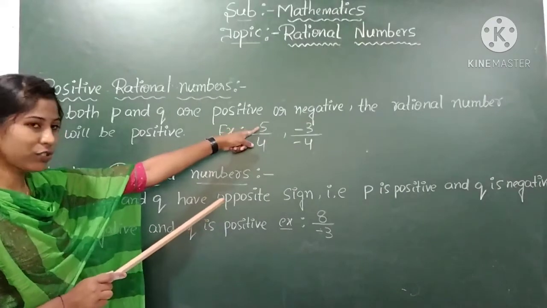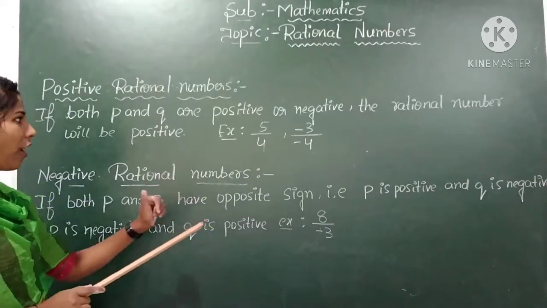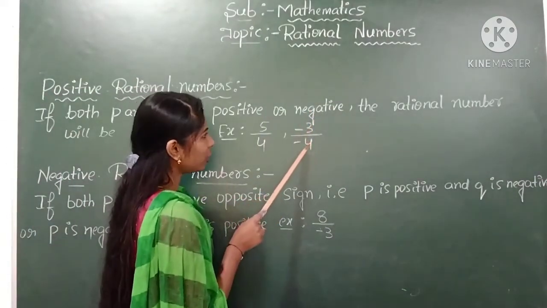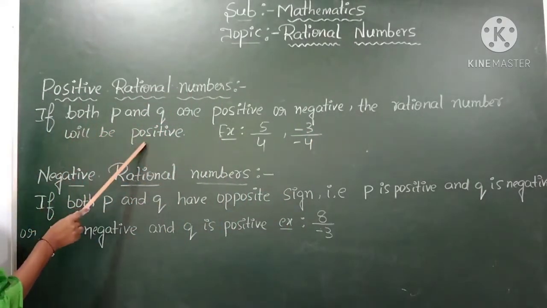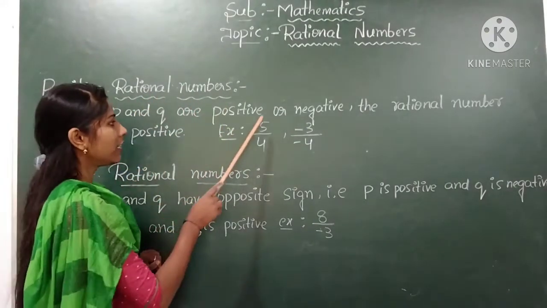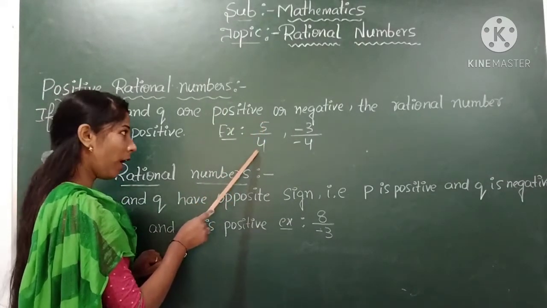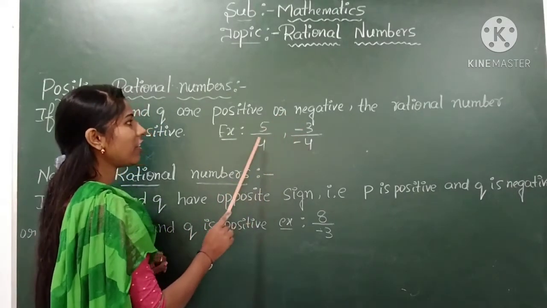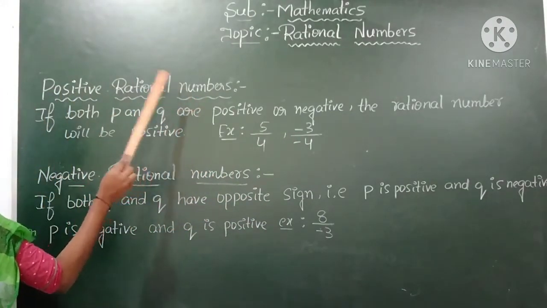That is one condition. Or negative: p also negative and q also negative. Those rational numbers are called positive rational numbers. So p also positive, q also positive, or p also negative, q also negative. These kinds of rational numbers are said to be positive rational numbers.